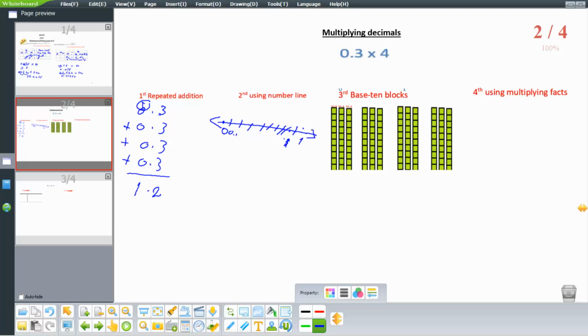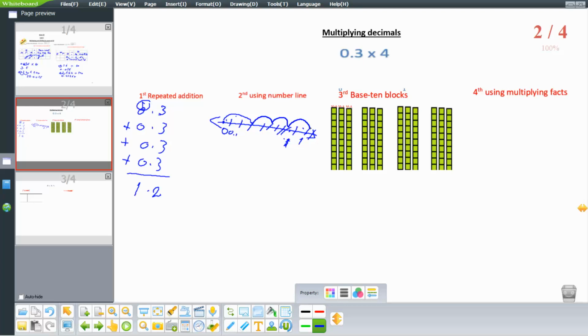And we will add another 2 dashes. Okay, let's see. 0.3. So it will be from 0 to 3. This is the 0.3. Sorry, from here to here, 3 dashes. And take another 3 dashes, and take another 3 dashes, and another 3 dashes.